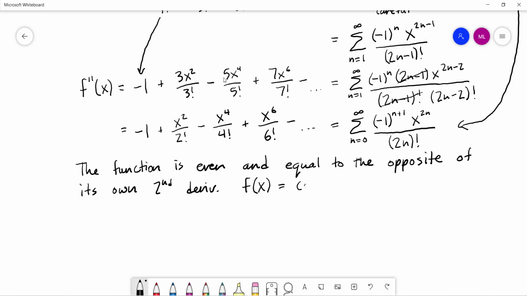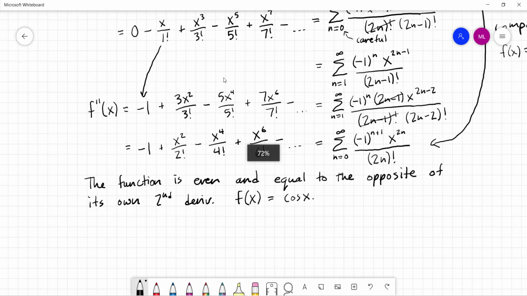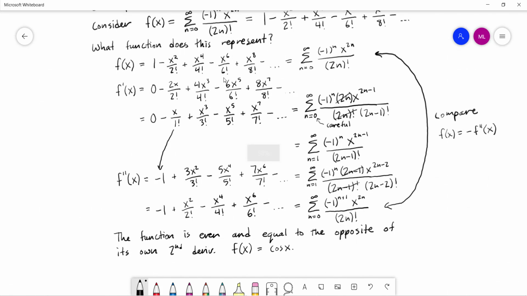What is f of x? It's cosine of x. These are the indications that we're seeing. And sure enough, this is going to be the power series representation of cosine of x. And here's the justification for that.